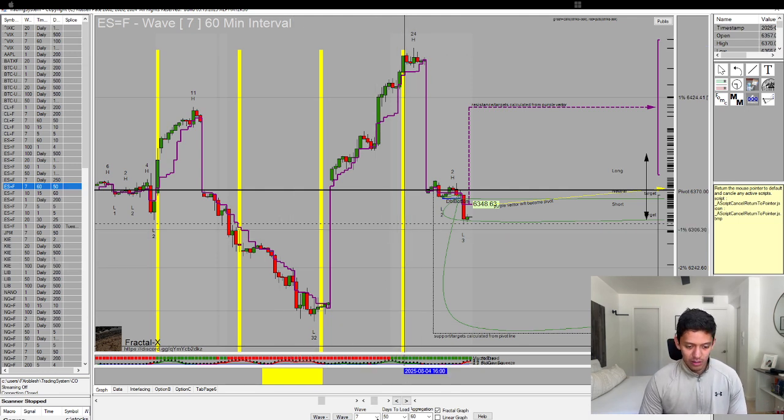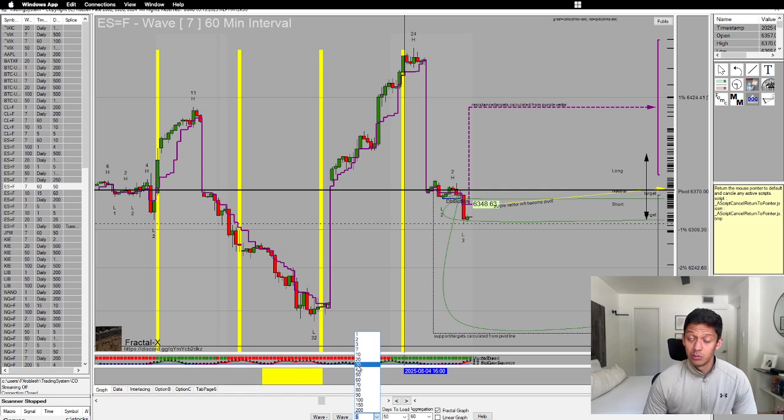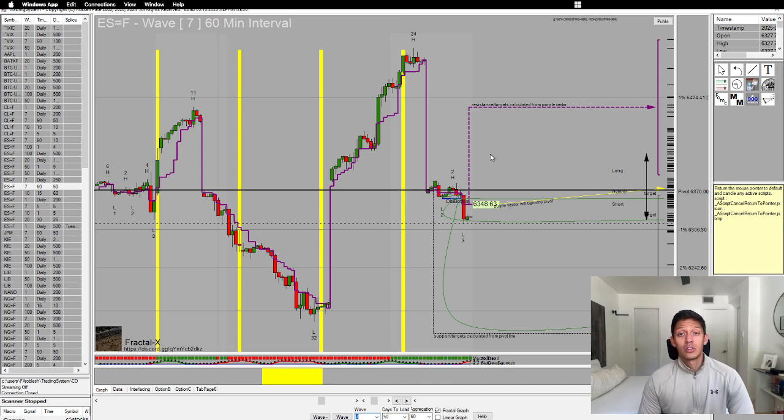If you look down here, you could choose a lot for the hourly time frame and choose even more for the daily, depending on what time frame or aggregation you're looking at. But you could also load a different number of days into the analysis of the system, which is really a data set. 50 days is what you're looking at here. 50 days to load.